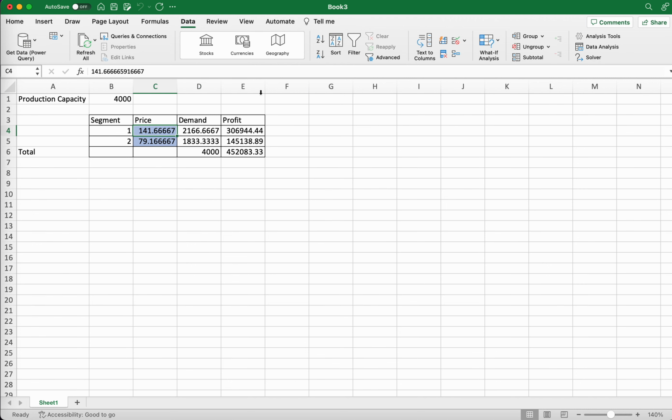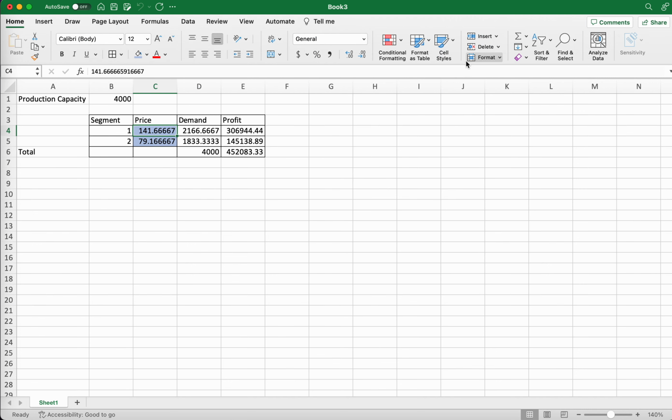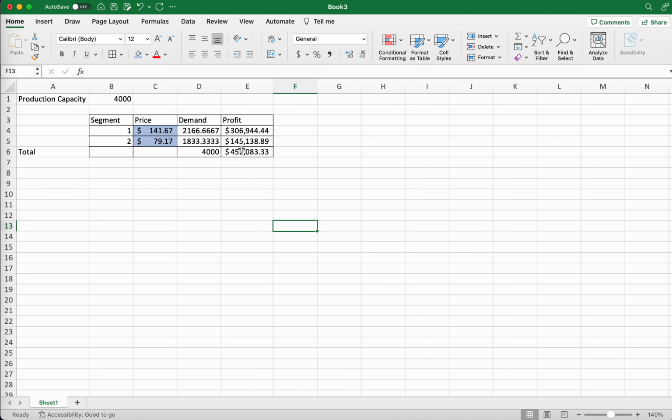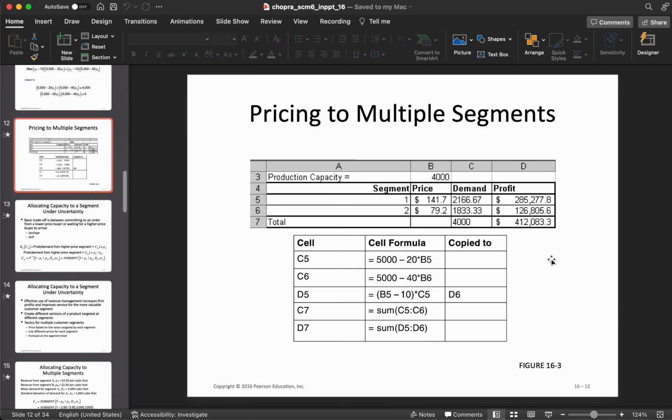But keeping the optimal values, you'll notice that these are both price values. We'll make them dollar values, and these are all dollar values. So let's make them dollar values. And there you go. That's our optimal profit, $452,083, right? So that's the optimal profit that you end up with.